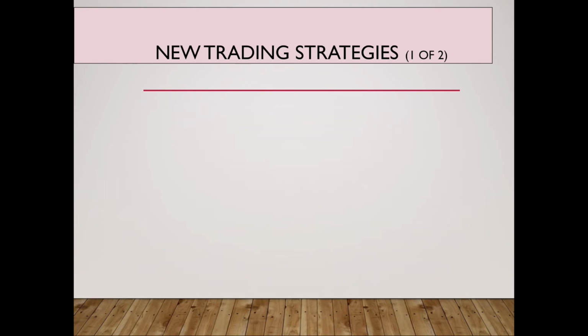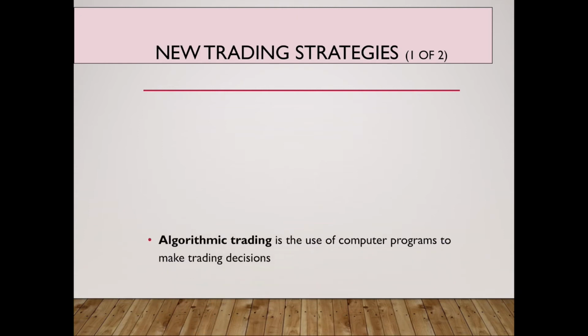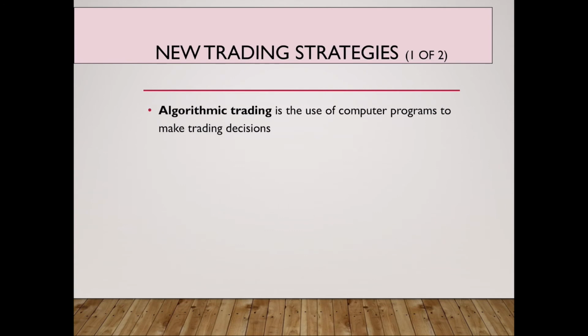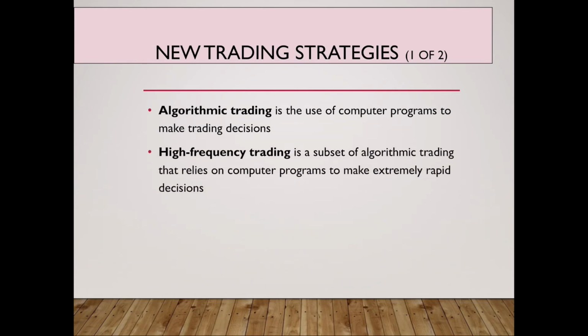So next is new trading strategies. Those are different trading systems in which trades occur. Let's discuss a few new trading strategies that have come about in more recent years. The first is algorithmic trading. This is the use of computer programs to make trading decisions, and a subset of algorithmic trading is high-frequency trading. This relies on computer programs to make extremely rapid decisions.